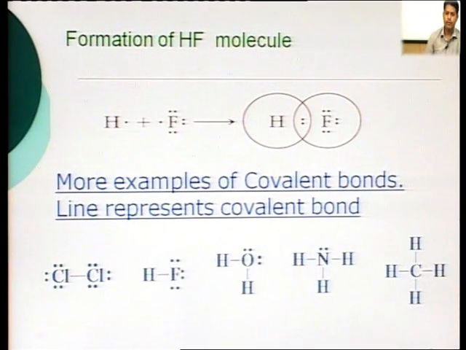More examples of covalent bonds are chlorine molecule, hydrogen fluoride molecule, water, ammonia and methane. In each of these molecules the bond is formed by sharing of electrons, that is a covalent bond.